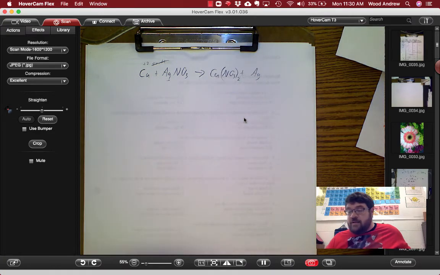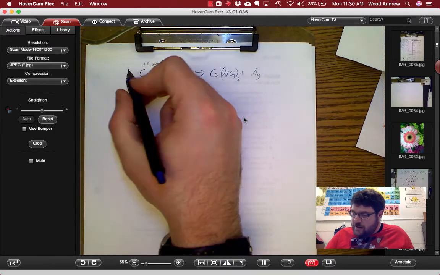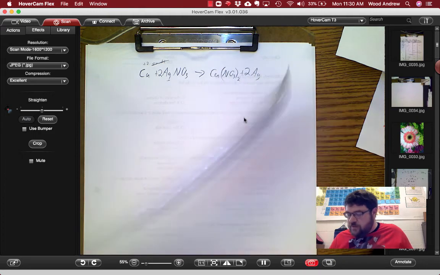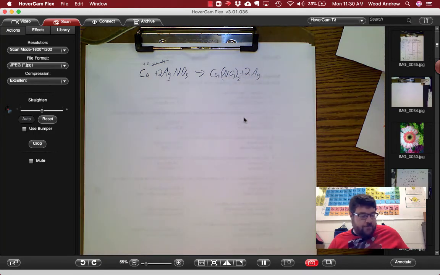Notice I don't make silver, Ag, have a subscript of 2 because it's not diatomic. It's not one of the Hofbrinkels. We would have to go through and balance this. Again, it's relatively easy. We put a 2 there, then a 2 in front of the silver. Balanced. There we go.